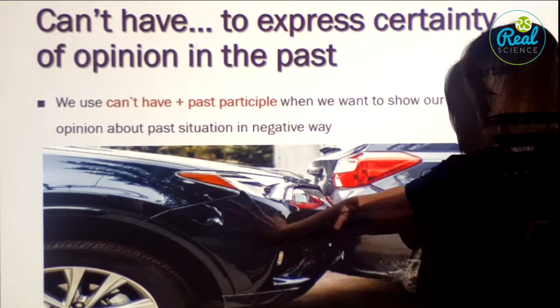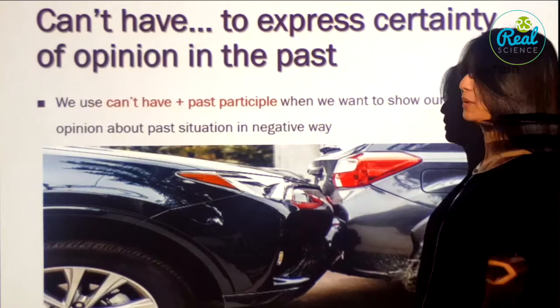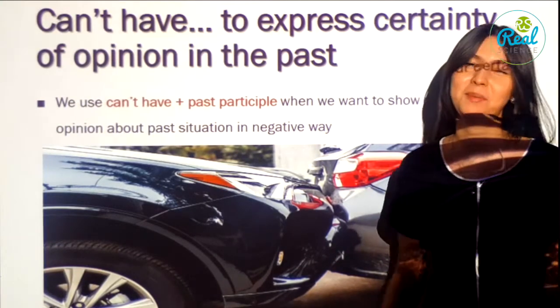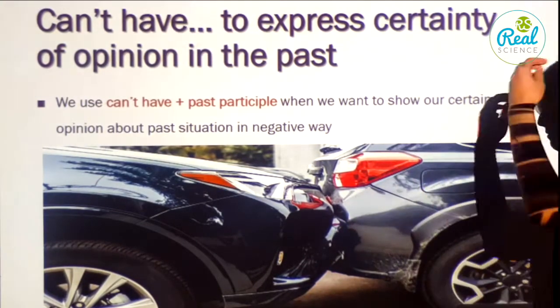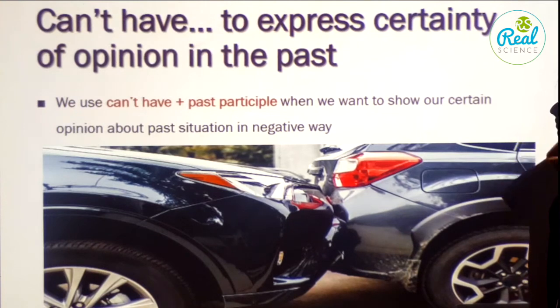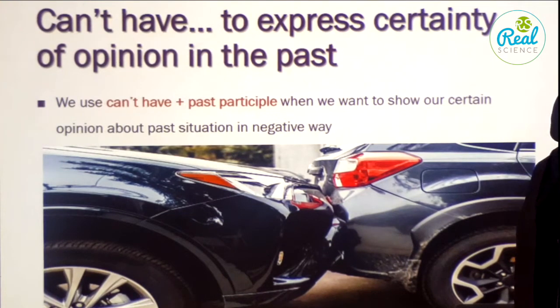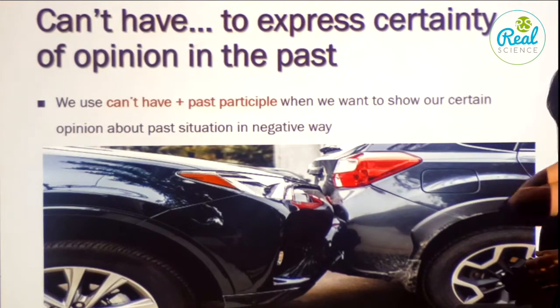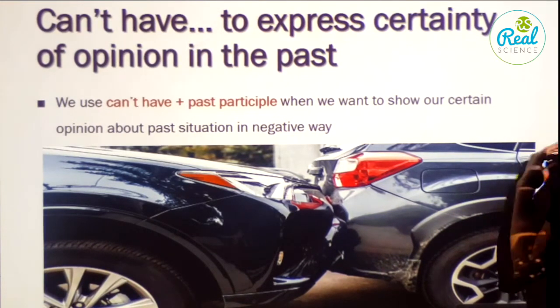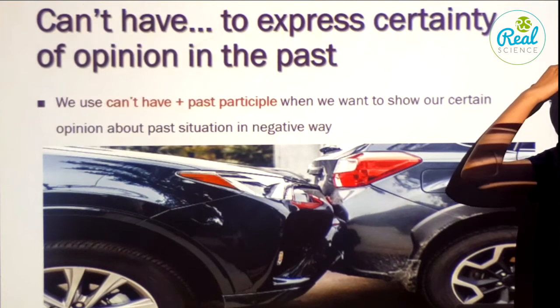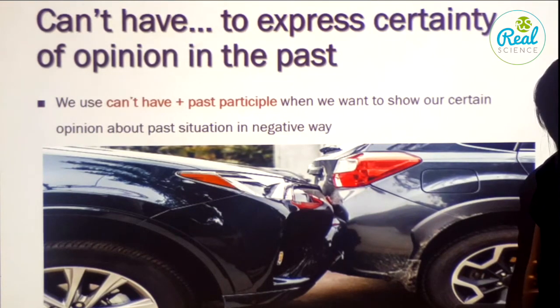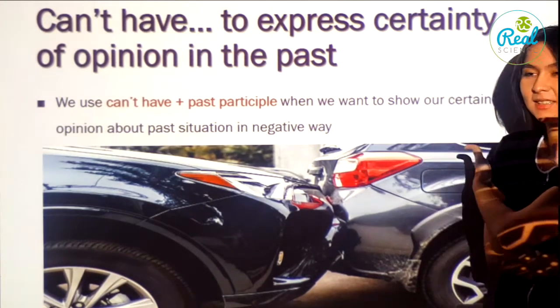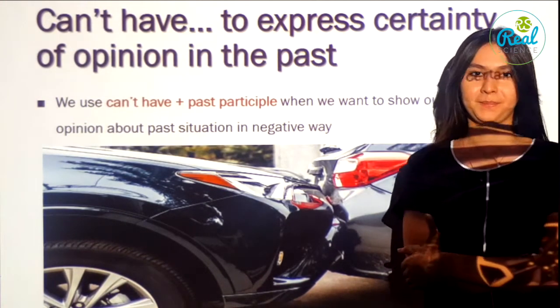Now look at again this picture. So what do you think? What didn't happen in that car crash? The drivers can have to drive the car for the one way. Okay, they can possibly give the right of way.